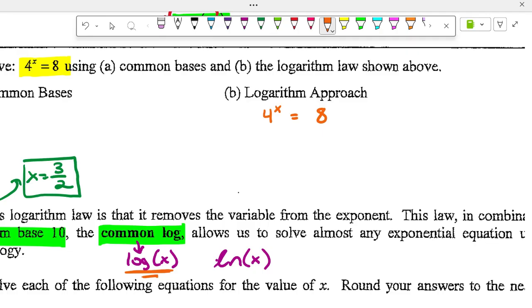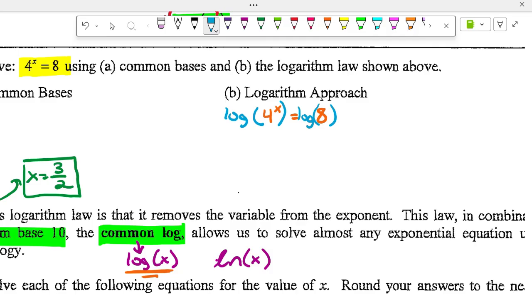So is that 4x by itself on one side of the equation? Yes. So once that happens, we can take the common log of both sides. So you're taking the common log of both sides.